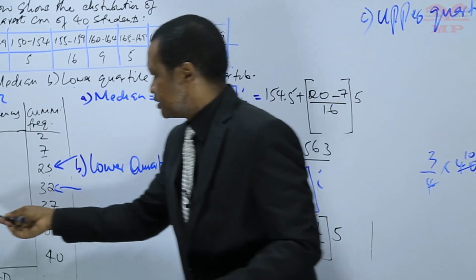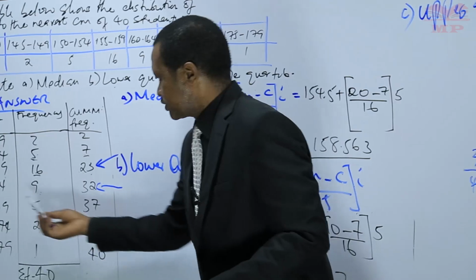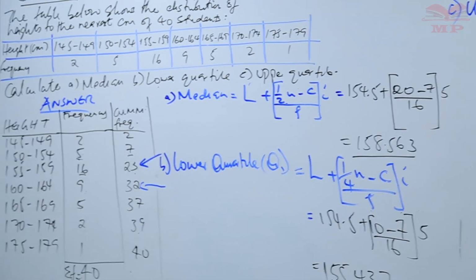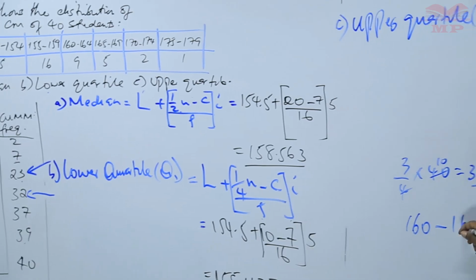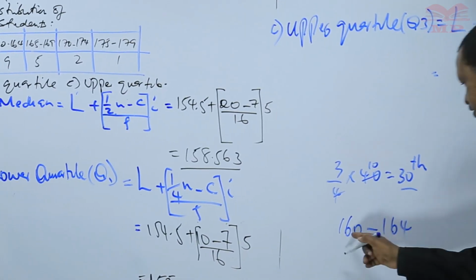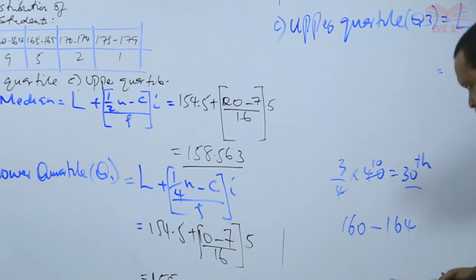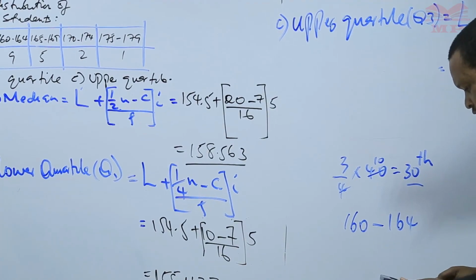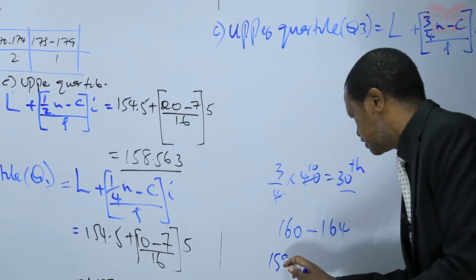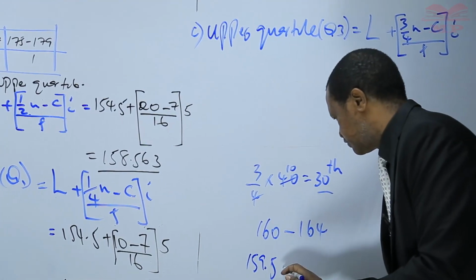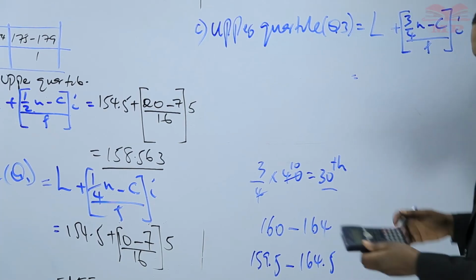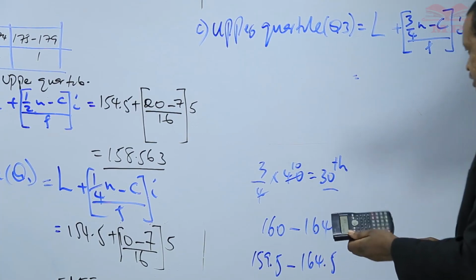The third quartile class will be 160 to 164. Therefore, the lower class boundary is 160 minus 0.5, which is 159.5, and the upper will be 164.5. So I'll insert the values.